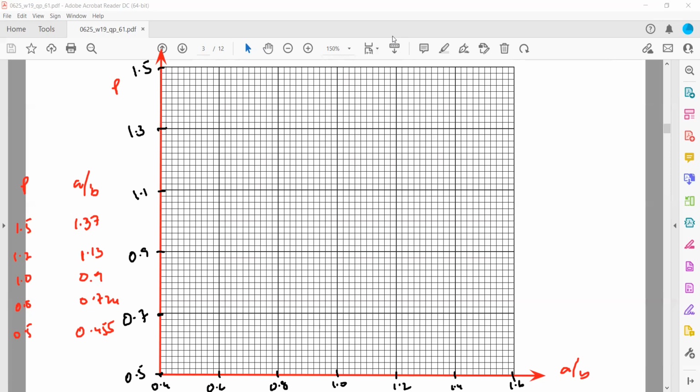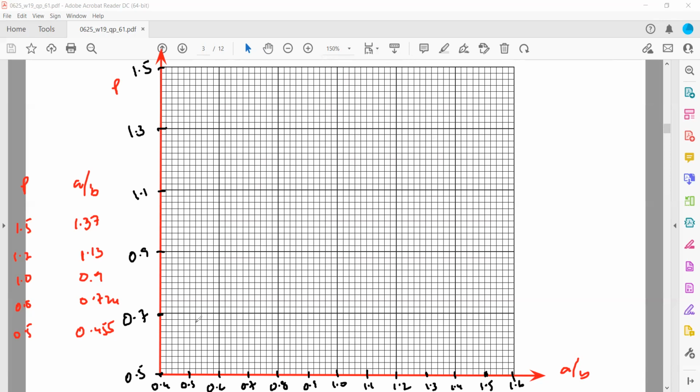Between 1.37 and 1.5, I'll write the numbers in between. This will be 0.5, 0.7, 0.9, 1.1, 1.3, and 1.5 will be there.